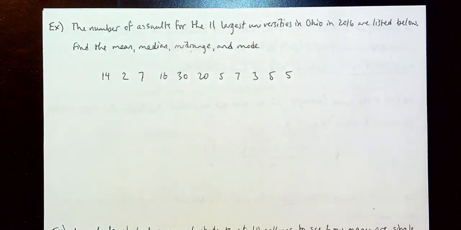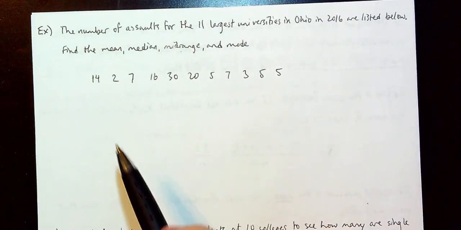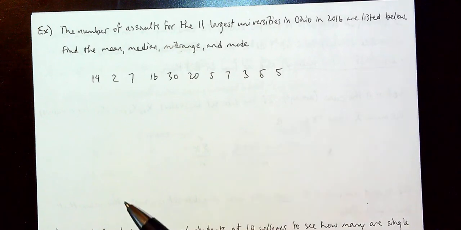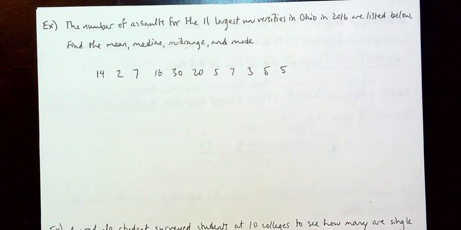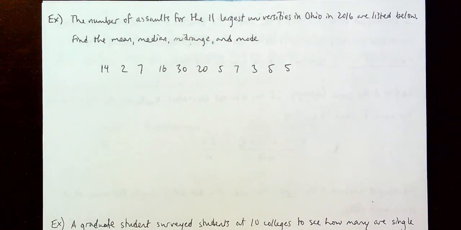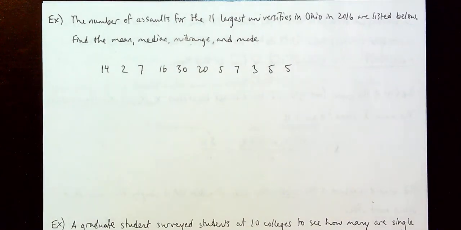So first thing I would highly, highly, highly recommend that you do is put your data in either increasing or decreasing order. I'm going to choose to go increasing. That's just my personal preference. You can certainly go decreasing if you want.